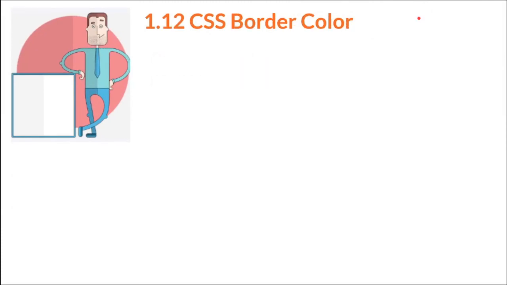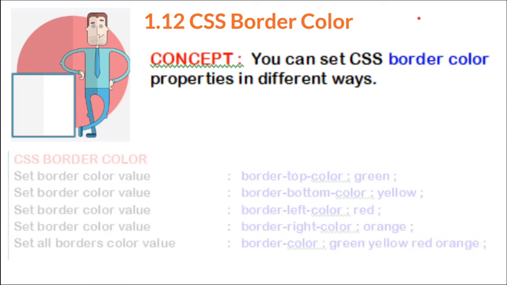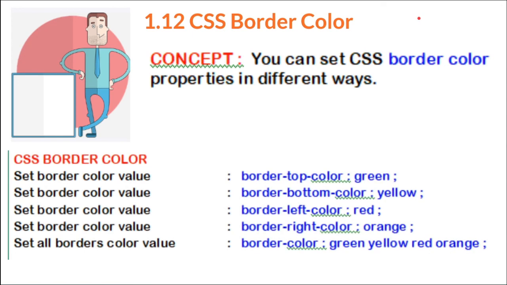Okay, CSS Border Colors. The concept here is that you can set the CSS Border Color properties in different ways. For example, set the border top color property, so that the border has 4 sides normally, top and bottom, left and right.